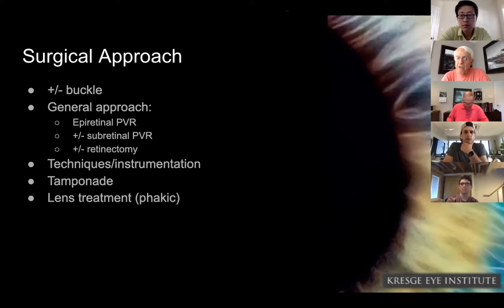So you get this fibrosis, the proliferation starting right there where the vitreous joins the retina at the vitreous base, and it gradually reattaches the vitreous and brings it more posteriorly just by the fibrosis.